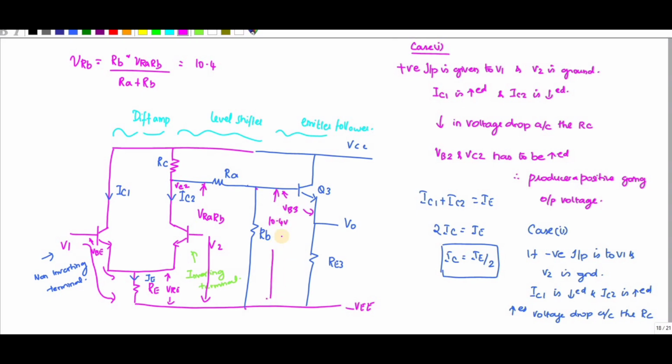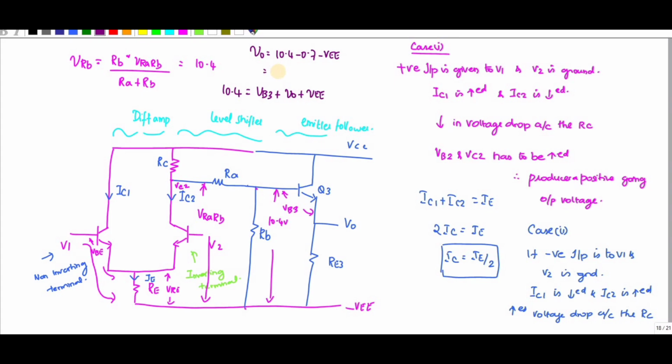Okay. So I can write this one as 10.4 volt is equal to VBE3 plus V0 plus VE. Okay. So I can find V0 is equal to 10.4 minus 0.7 minus VE.